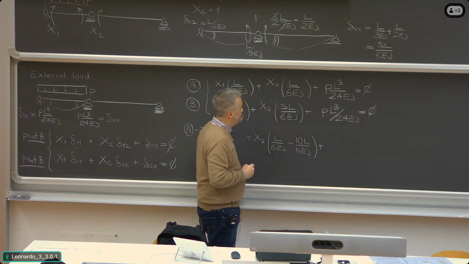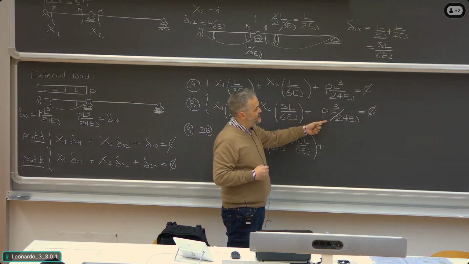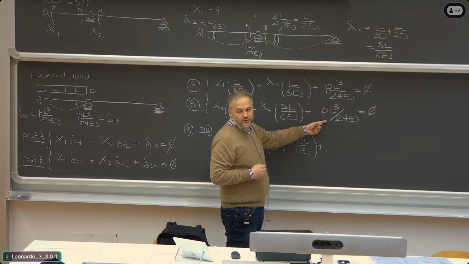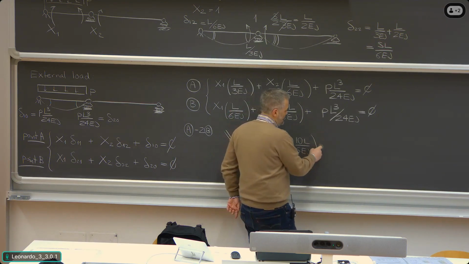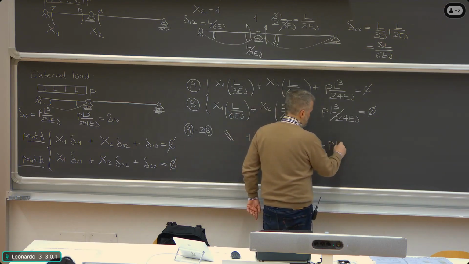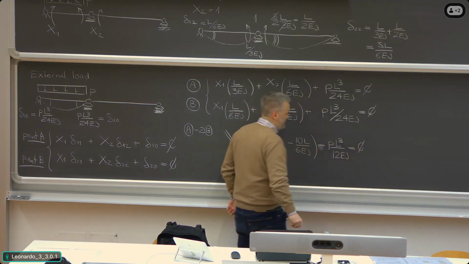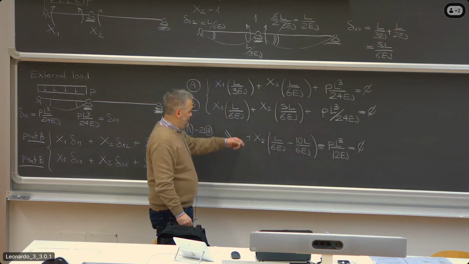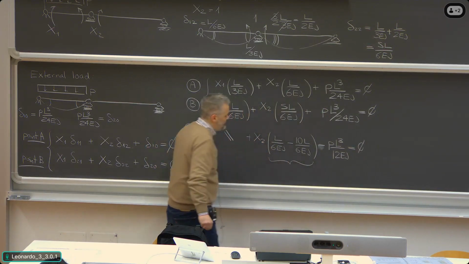Plus 1 over 24 minus 2 times 1 over 24, which is 1 over 12. So this basically means that here we will have minus PL to the power of 3 divided by 12EJ equal 0. If you replace here, what is the result of this?